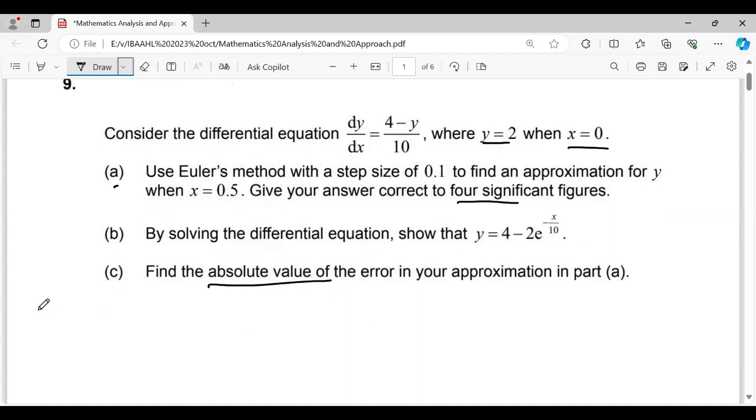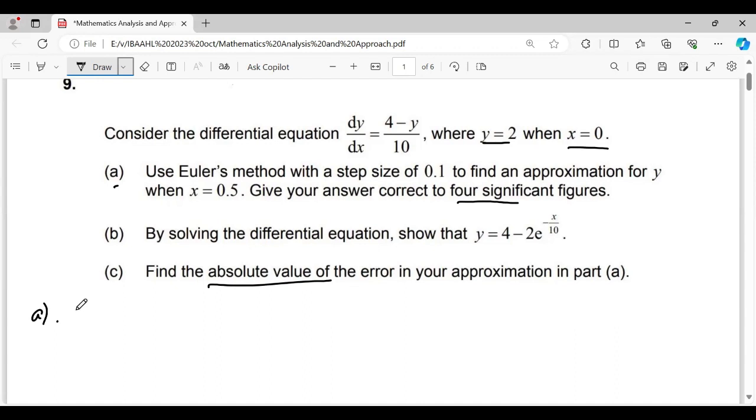Right, let's start with A. Usually, for the iterations, I use Newton-Raphson, but for these questions, based on this information, we use Euler's method.